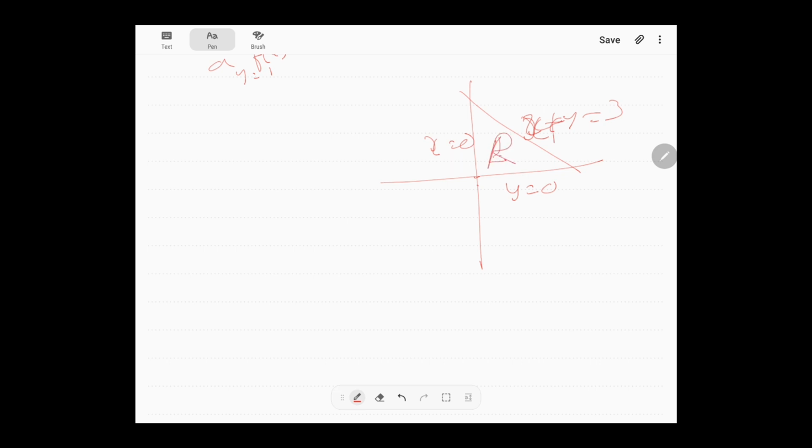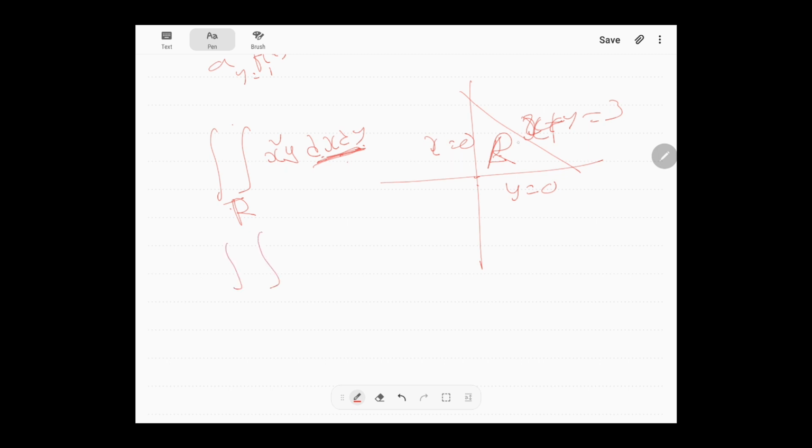This is the region R. In this region R, evaluate say the integral of x square y dx dy. Whether you write dy dx or dx dy depends on the limits you write here. If you don't write the limits, you can write either dx dy or dy dx. The order you are following will be understood by the limits.